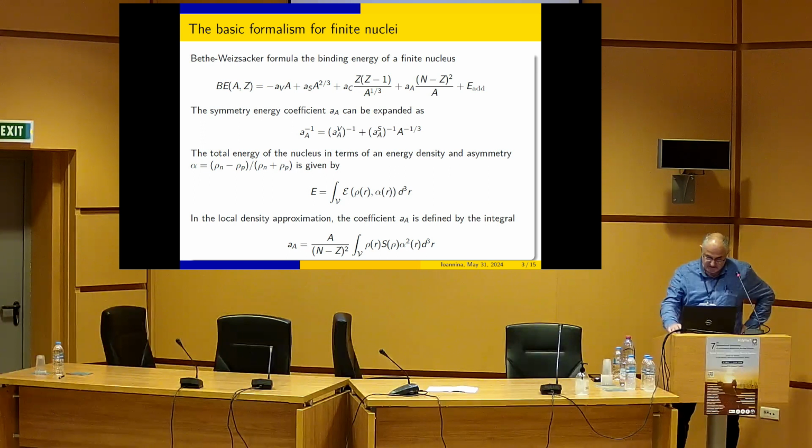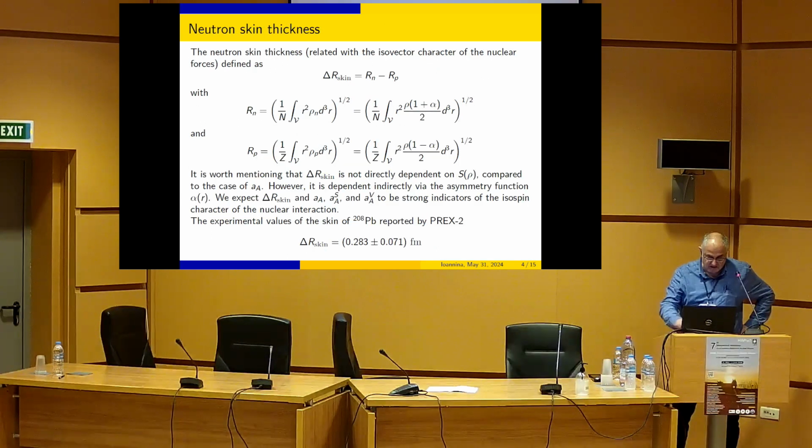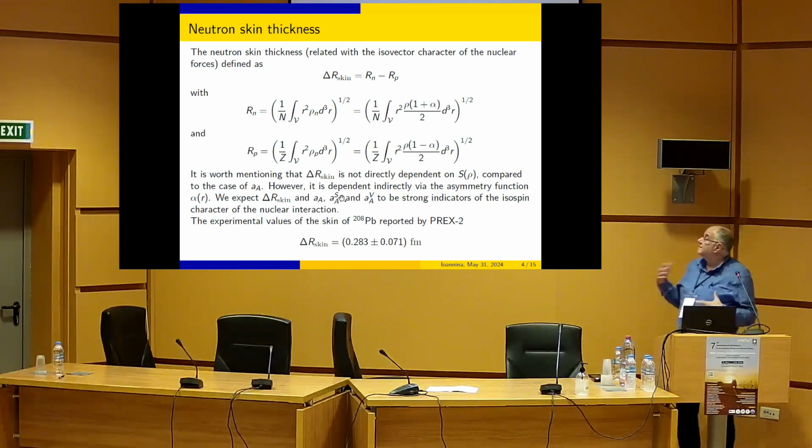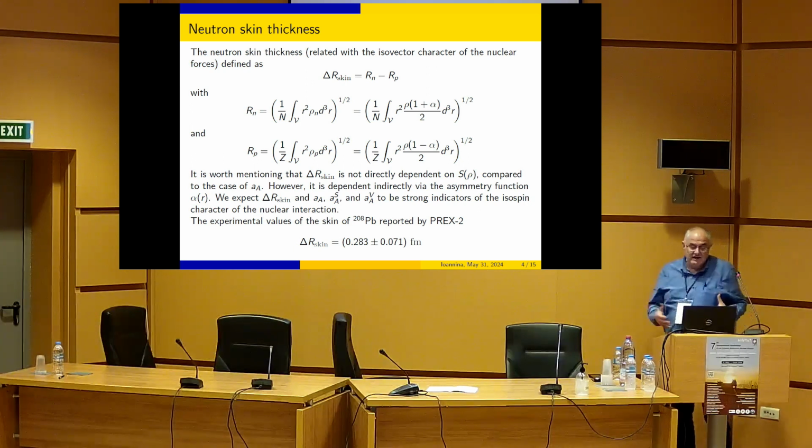This is the basic formalism to calculate a few of the bulk properties of finite nuclei. The neutron skin is the difference between the radii of neutrons and protons, which is defined from these relations. Firstly, I have to say that this thickness is not directly related to the symmetry energy.